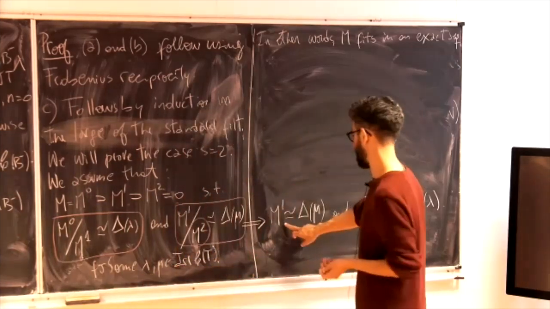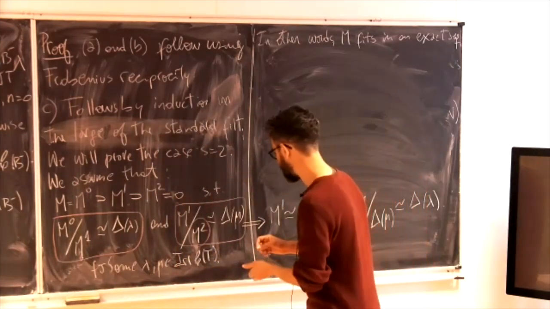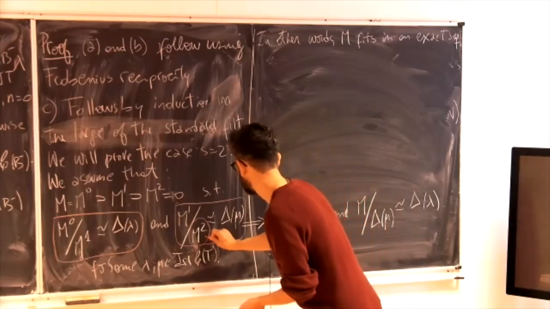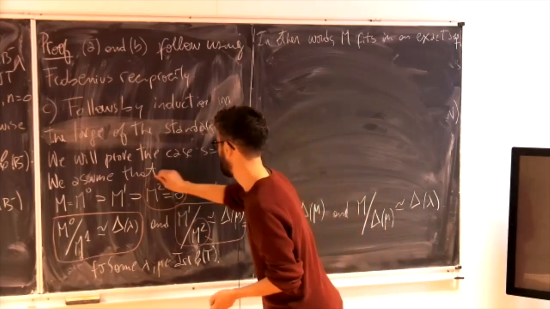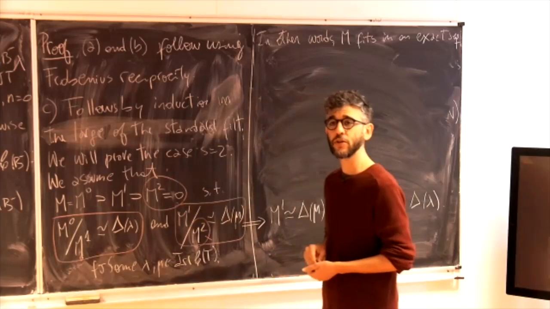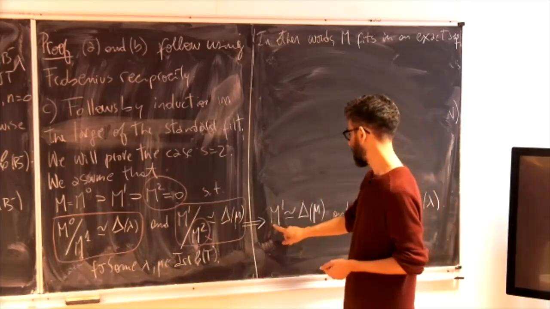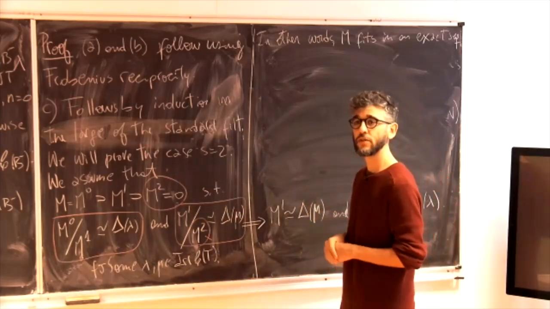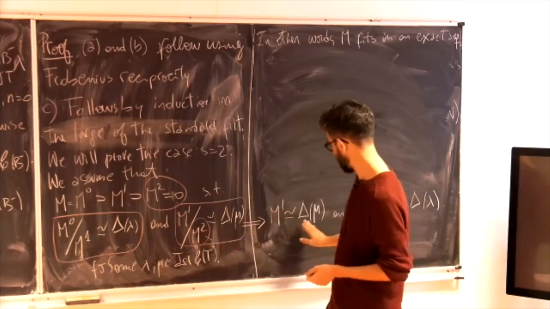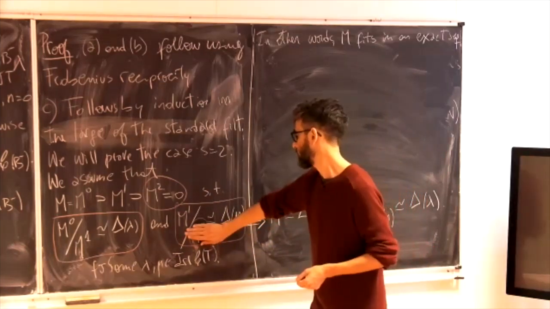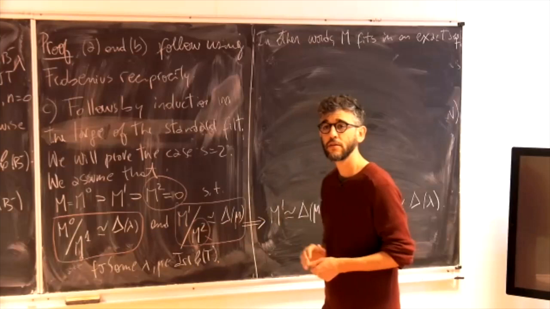As we are assuming M2 equals 0, then M1 has to be isomorphic to delta mu, because it's the same as quotienting by nothing.